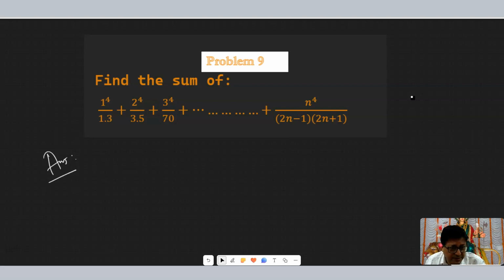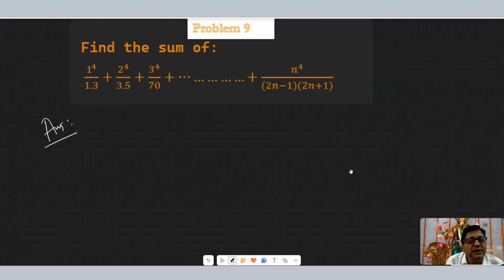For any problem, you will write the nth term and from there you will decide. To modify the nth term, check whether we can express this one as a difference of some terms. We don't care. But let us see what is happening there if we try to modify it. There is a problem. This is fourth power and this is quadratic.